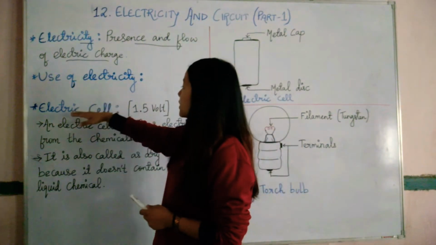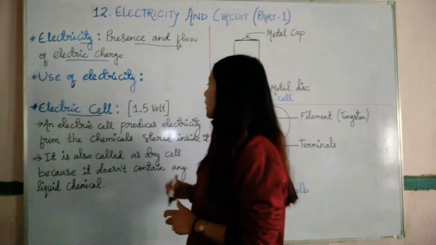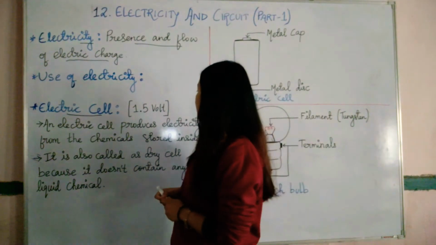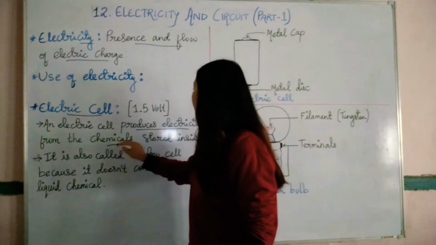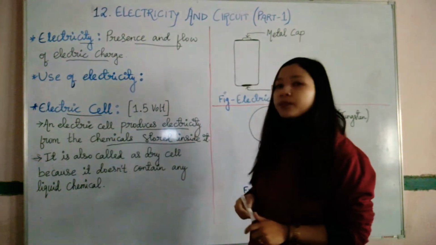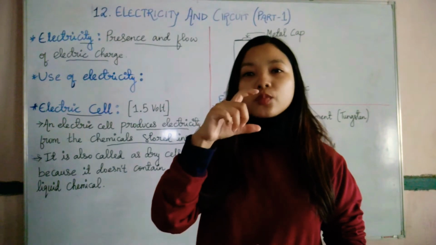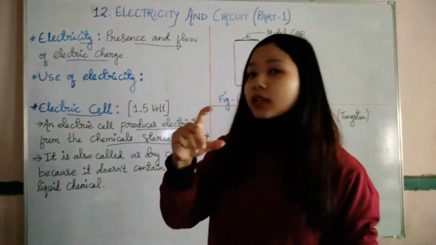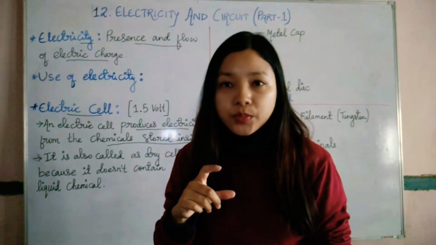Now let's discuss the next topic, that is electric cell. What is an electric cell? An electric cell produces electricity from the chemicals stored inside it. That means an electric cell is a small object that contains chemicals inside it through which electricity is produced.